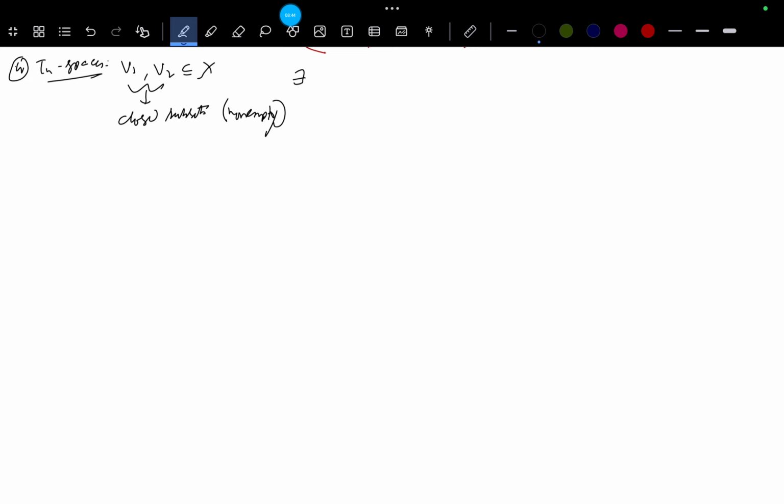Then there exist open subsets U1 and U2 of X such that U1 contains V1 and U2 contains V2, but U1 intersection U2 is empty. This is called a T4 space.